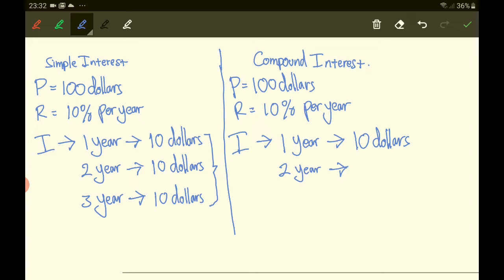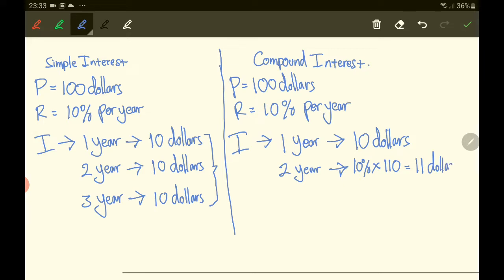Now your principal is getting bigger. So in the second year you will have 10% out of $110. So 10% times $110, you will have $11.